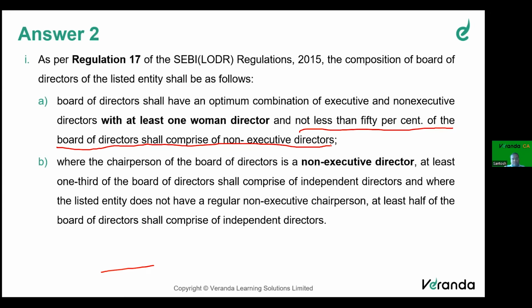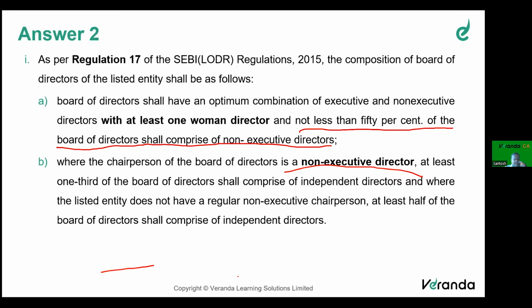Where the chairperson of the board of directors is a non-executive director, here it's a non-executive director, at least 1/3 of the board of directors shall comprise of independent directors. Where the listed entity does not have a regular non-executive chairperson, at least half of the board of directors shall comprise of independent directors.